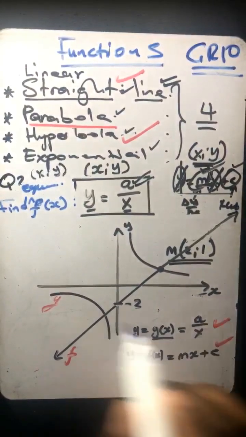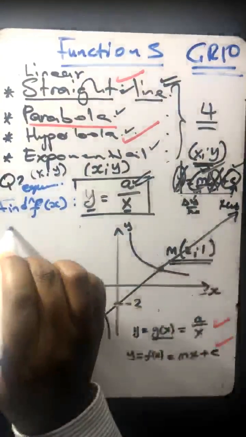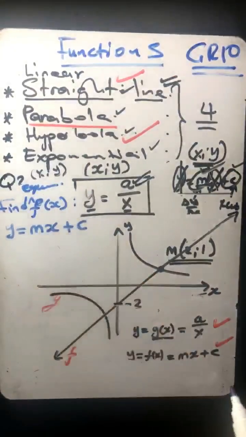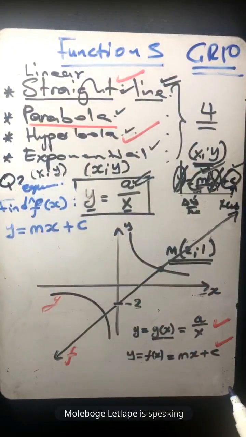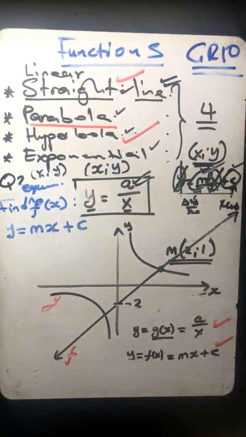So that means you need to know the general formula of a straight line. Is it not y equals mx plus c? So the recipe that I was talking about is that when you determine an equation of a straight line, I said you need two things. What were those things?